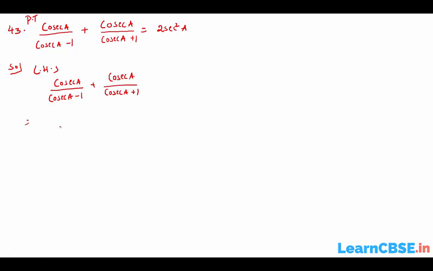I'm taking the LCM here: cosecant A minus 1 into cosecant A plus 1. So this is the LCM. So cosecant A into cosecant A plus 1.